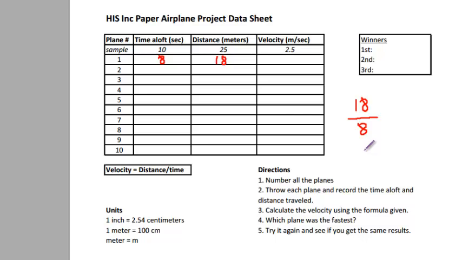And so when I do that, I get an answer of 2.25. So that is my velocity. So I'm going to write that in this column here, 2.25.